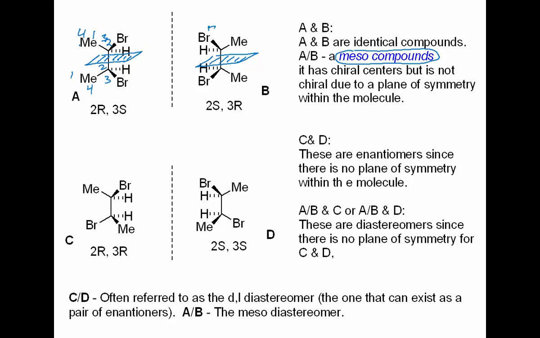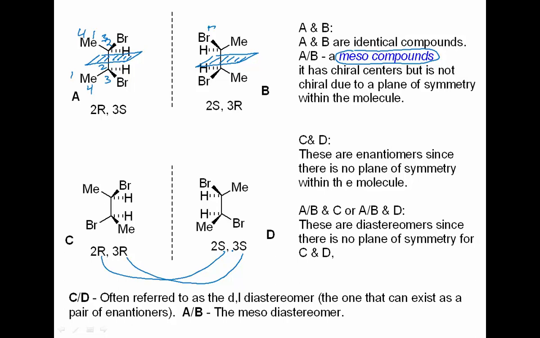Let's do the same thing we did previously and make the bottom chiral center different. So this is now the 2R3R compound. In the mirror, this compound, C, sees the 2S3S compound, and this is the enantiomer. Again, you see the opposite relationship at every single chiral center in these two enantiomers.